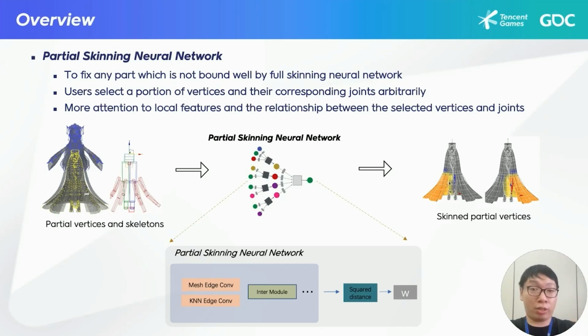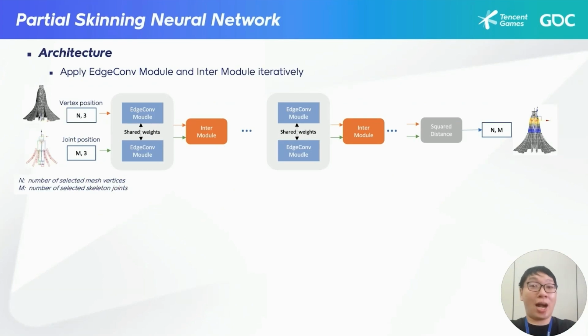So to achieve the goal and ensure the generalization ability of the neural network, more attention should be paid to local features and the relationship between selected vertices and joints in terms of network design. The architecture of a partial skinning neural network is mainly composed of iteratively applied edge convolution and intermodule.